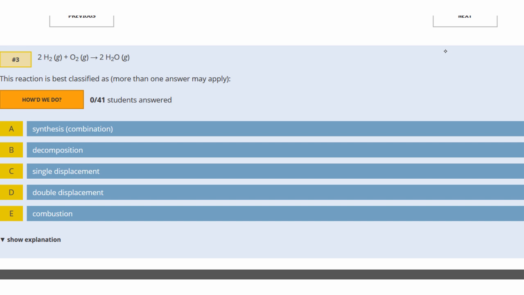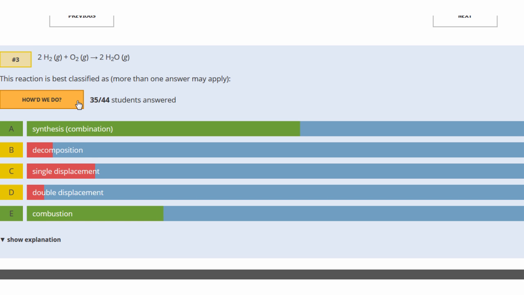We have hydrogen reacting with oxygen to make 2 moles of H2O. Is this a synthesis reaction, decomposition, single displacement, double displacement, or combustion reaction? There are going to be 2 answers that apply to this one, so select both answers. 5, 4, 3, 2, 1.